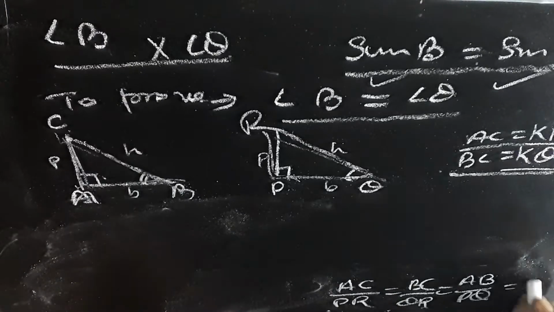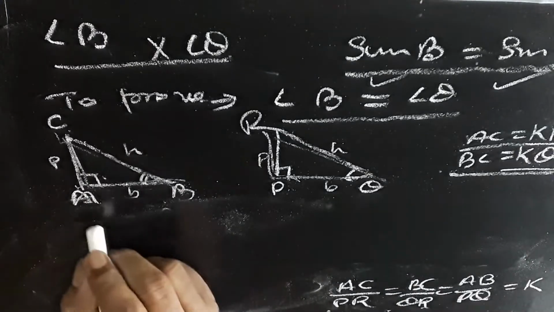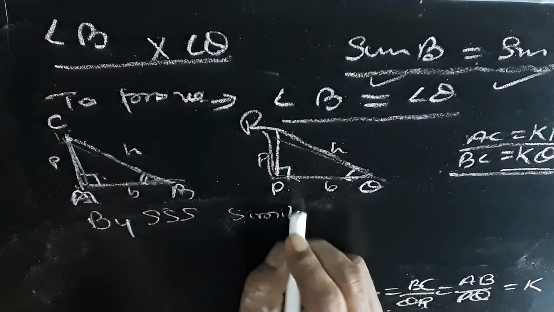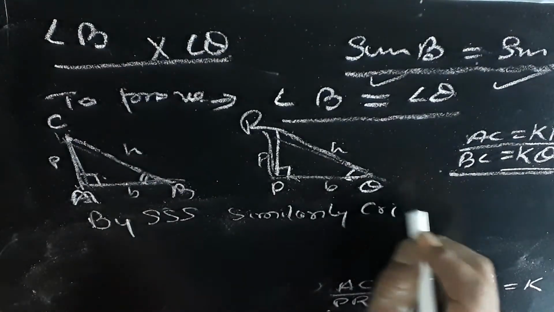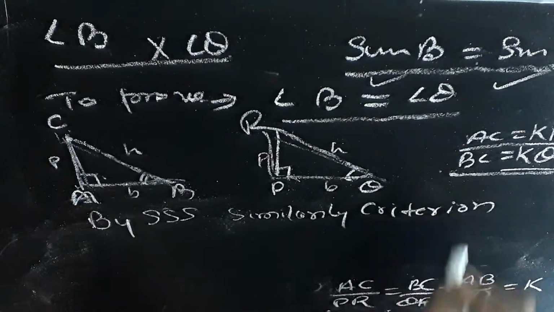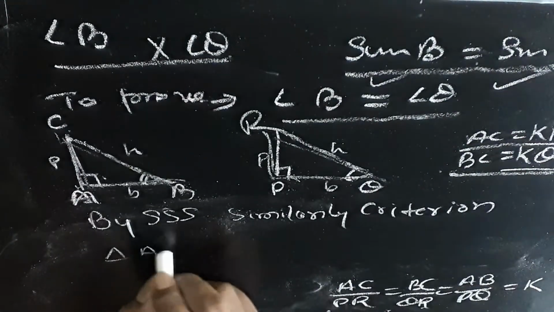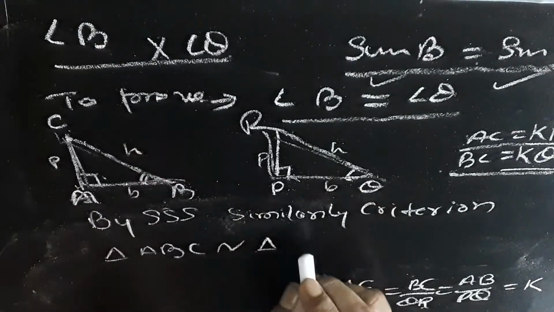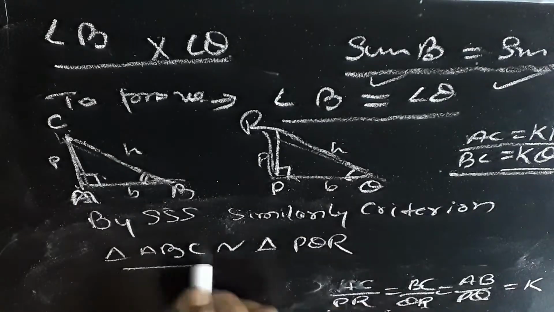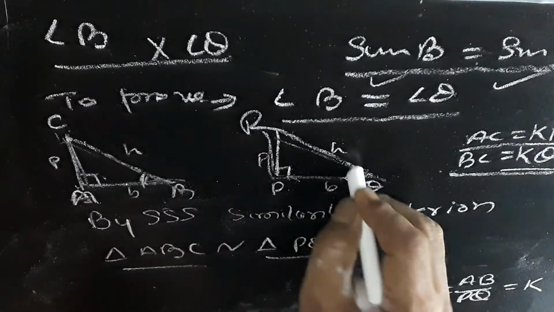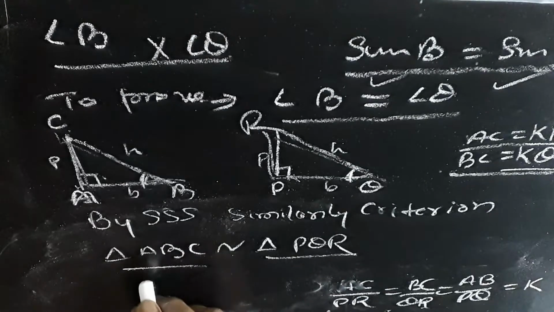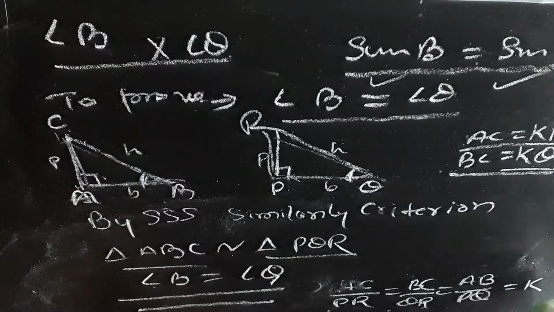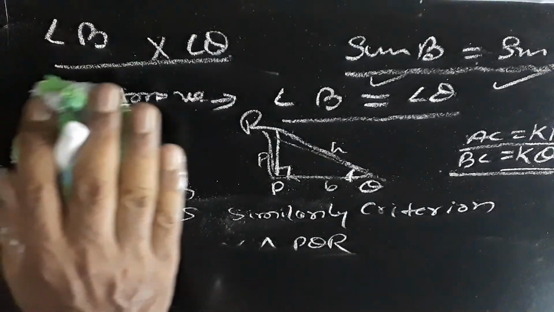We have got this equal to K. Now by SSS similarity criteria, triangle ABC is similar to triangle PQR. And when these two triangles are similar, their corresponding angles are also equal, means angle B is equal to angle Q. Hence proved.